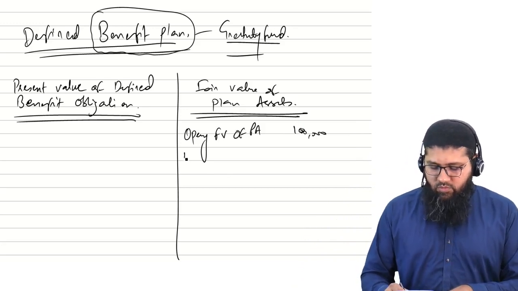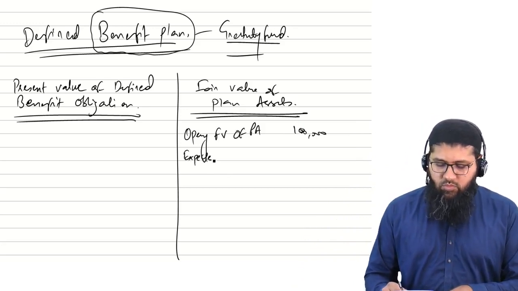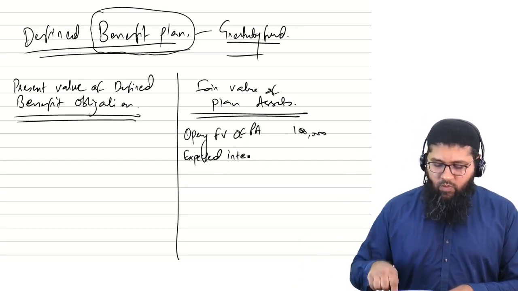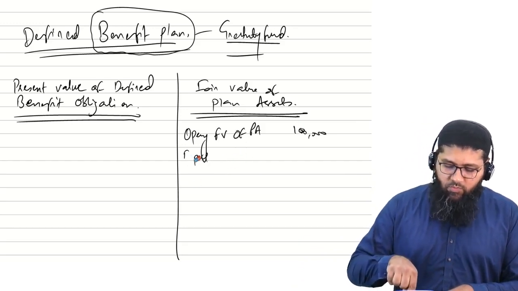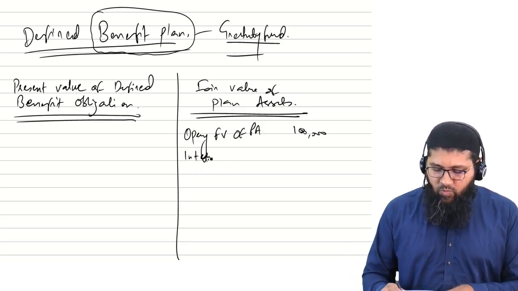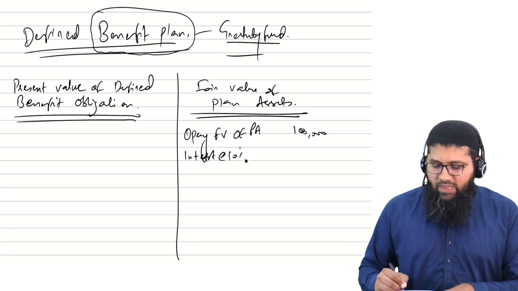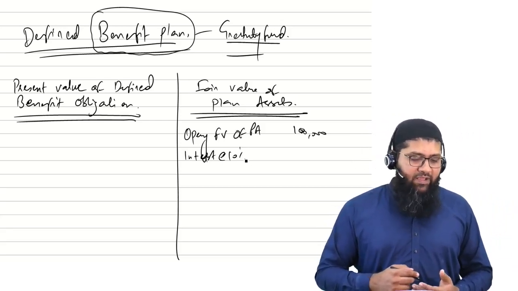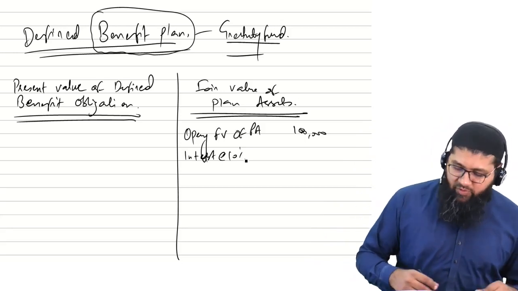Now, it's generally an expected interest. Let's say the interest at 10%. So I'm assuming that these assets will give a return of 10%.